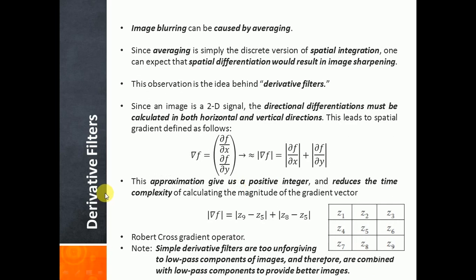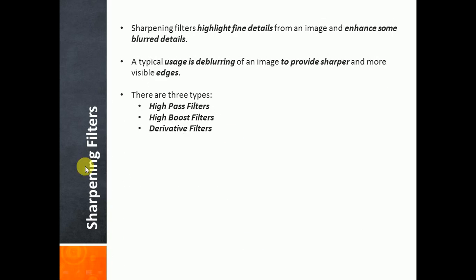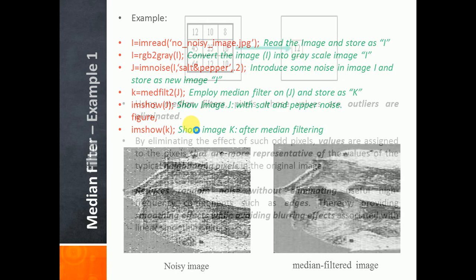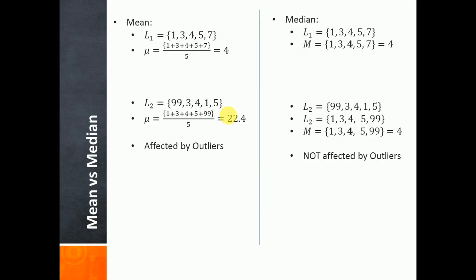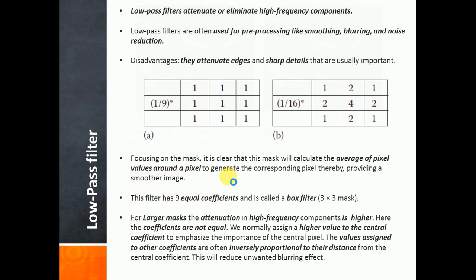The last one is called derivative filters. Now in some sense, if you look back over here, what you're really doing in a low pass is taking the average, which was more like the summation.